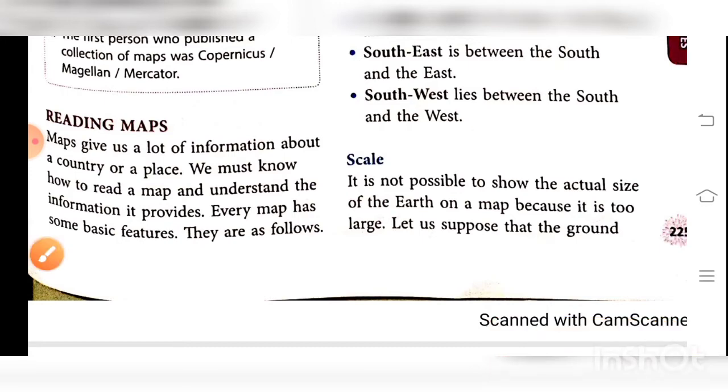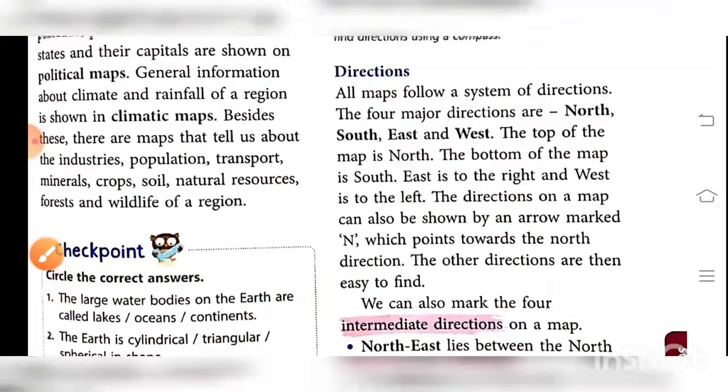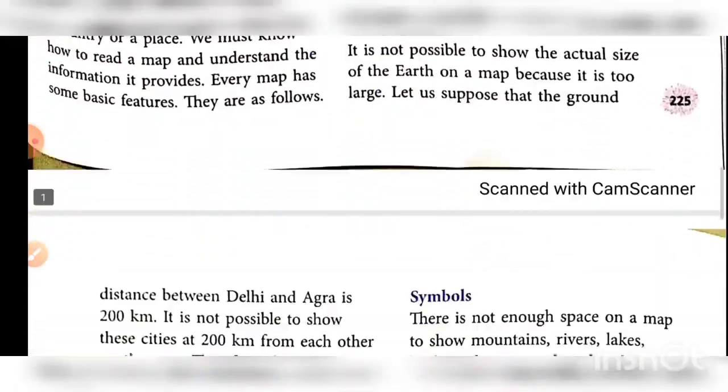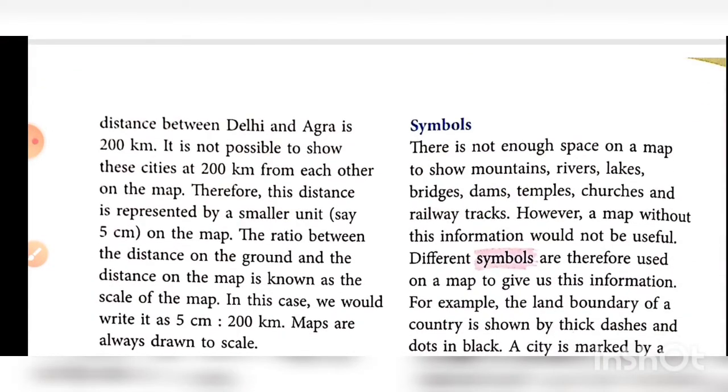Let's suppose that the ground distance between Delhi and Agra is 200 km. It is not possible to show these cities at 200 km from each other on the map. For showing 200 km, think how large the map would be. It is not possible.